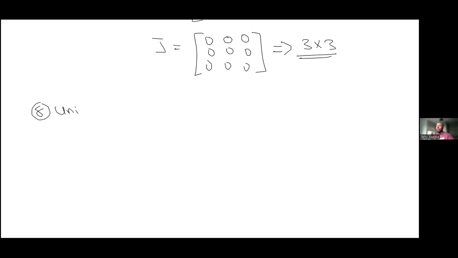We're almost there. So unit or identity matrix.